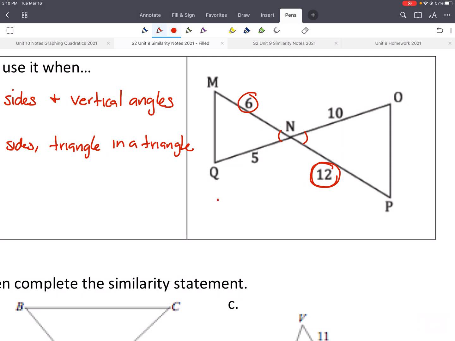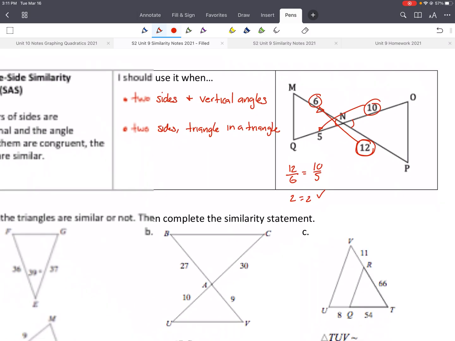So we could do something like 6 over 12, or maybe we'll do it the opposite way because I like that better: 12 over 6. So this corresponds to 6, and 10 corresponds to 5. And if they are proportional, then they should be equal. So this should be 2 equals 2. So we're good to go. So these are similar triangles.